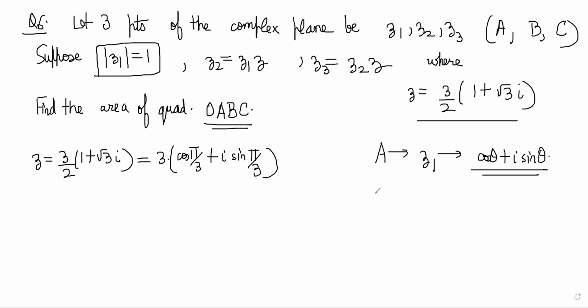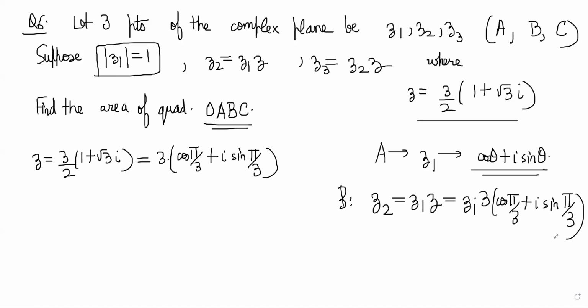So when you have point P, which is Z2, which is Z1 times Z, that is equal to Z1 times 3 times cos pi by 3 plus i sin pi by 3, which means when you do complex number multiplication, you can think of multiplication as a counterclockwise rotation by some angle, and also the magnitude of the final complex number becomes scaled, right?